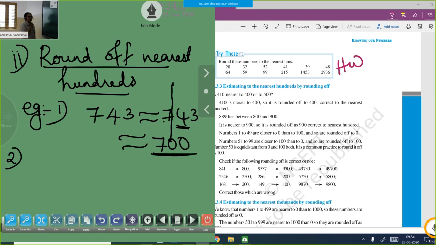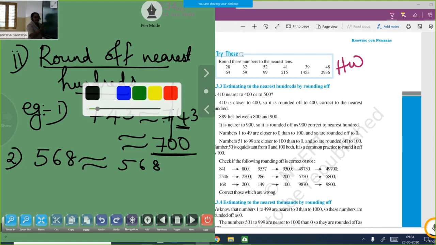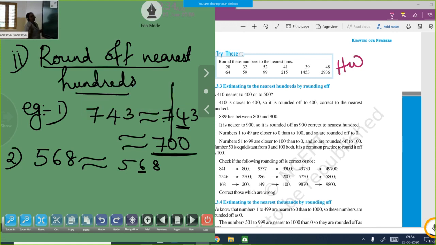Example number 2. Write it down like this. If it is 568, the question is nearest 100. After the hundreds place, 1, 10, 100, make a slash and see the tens place.